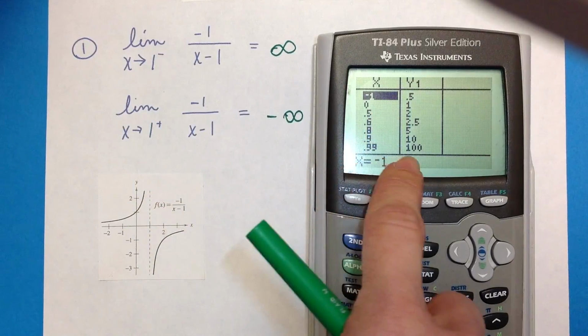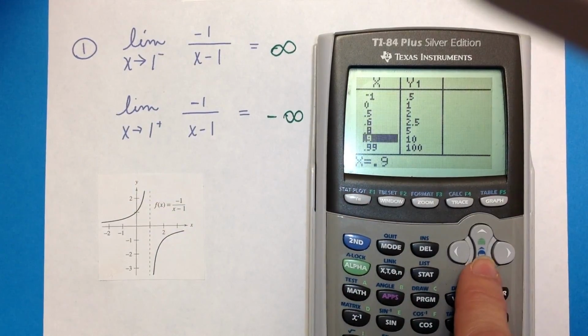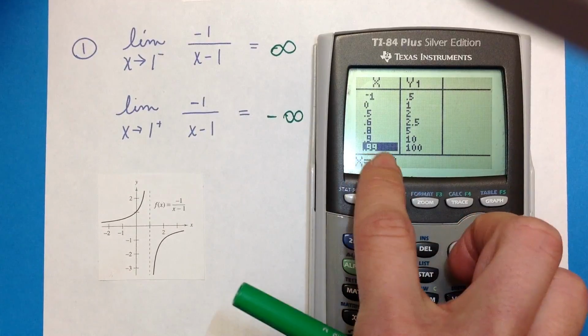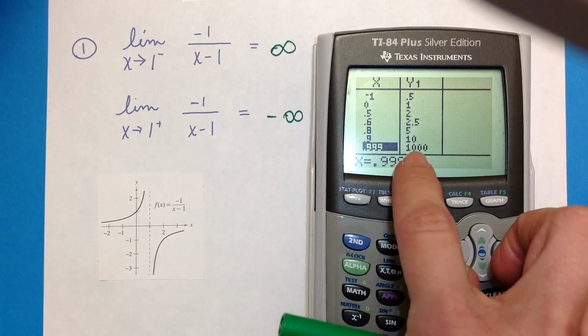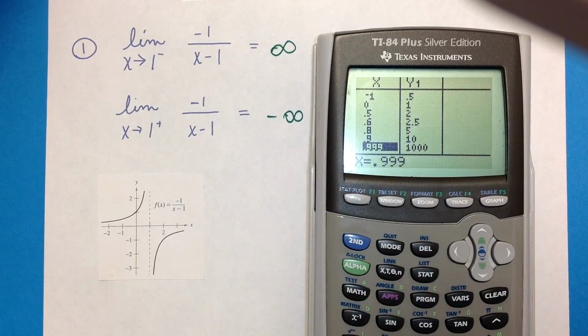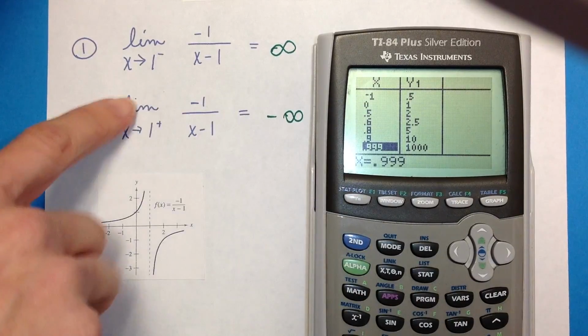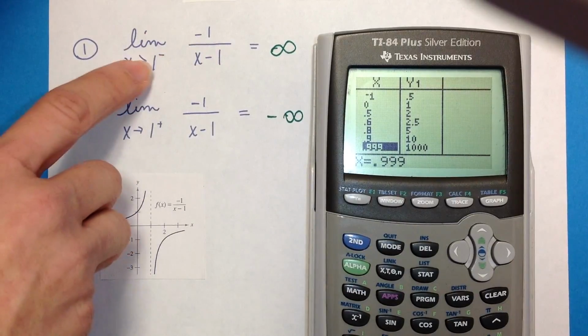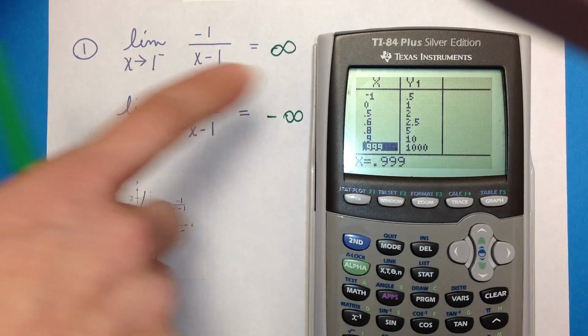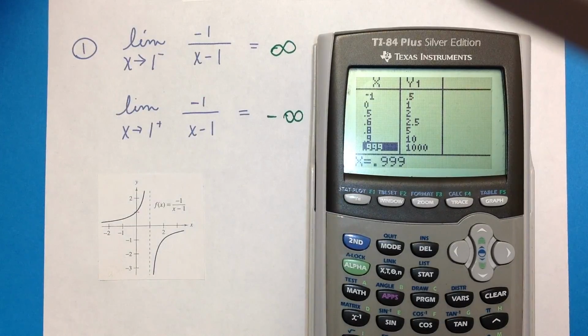Of course, if I came in here, I'm going to put in 0.999. Now it's going to top over this last one because I filled it up, but at 0.999, you can see that it gets even larger. So even if you don't have the graph to look at, you could actually substitute values into this function on the left side of 1 and notice that your numbers are just getting larger and larger, so that verifies the positive infinity.